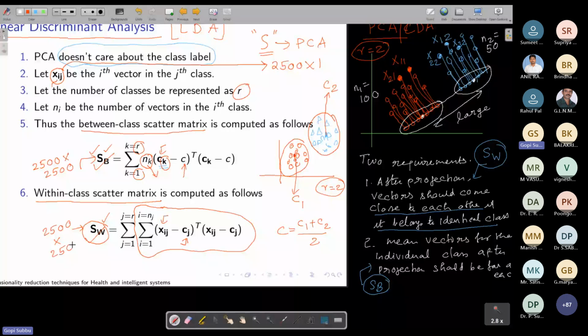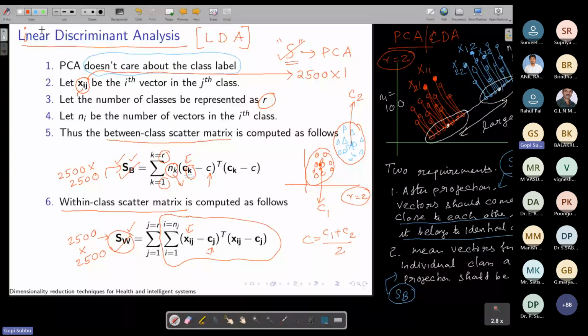In case of PCA, we found the eigenvectors and eigenvalues for the scatter matrix S. In case of LDA, what we have to do is the same for SW inverse SB, right?